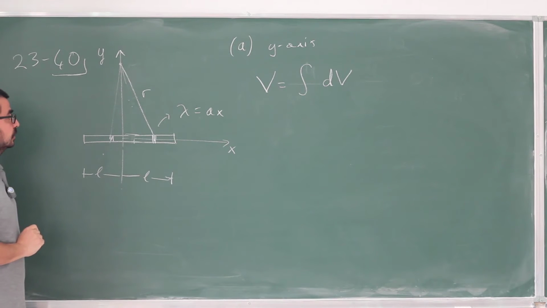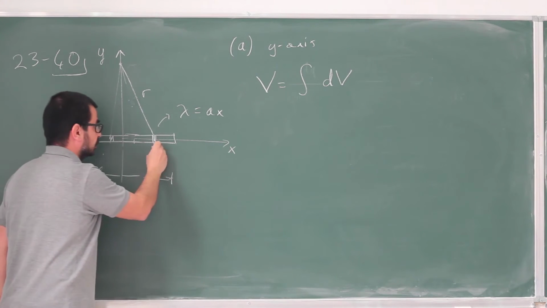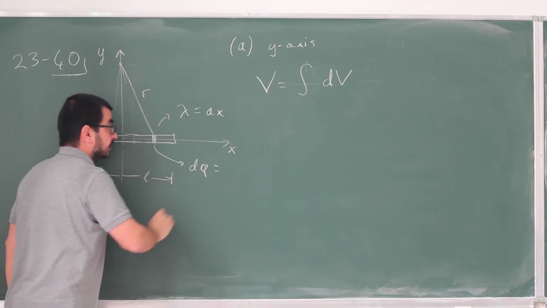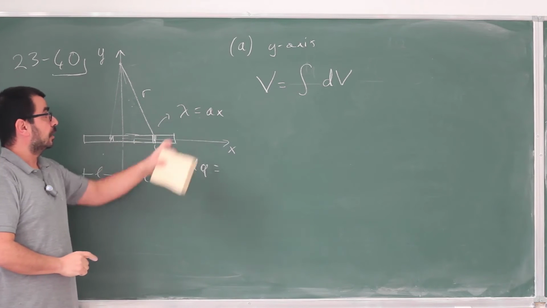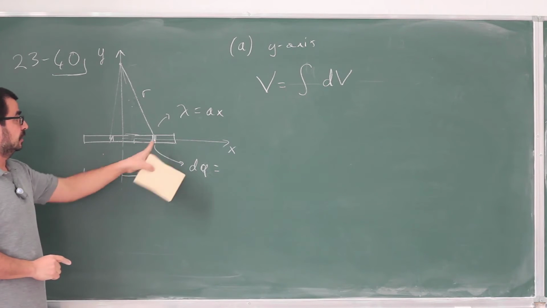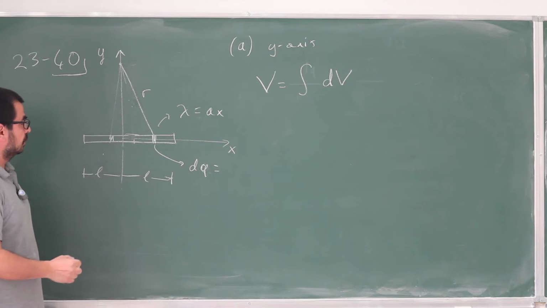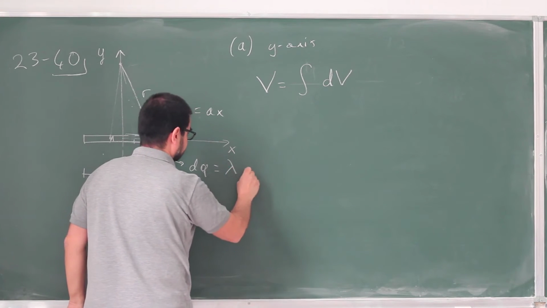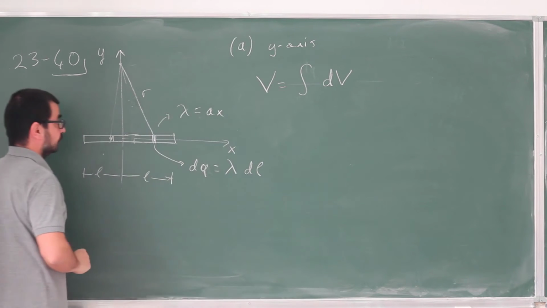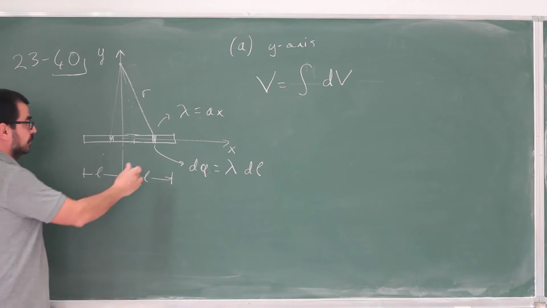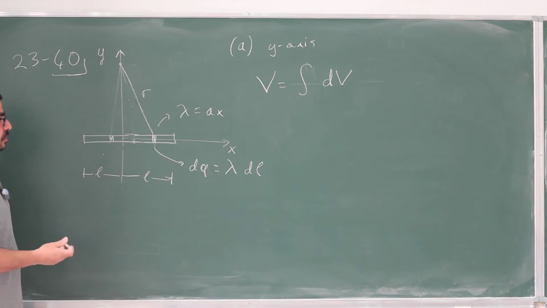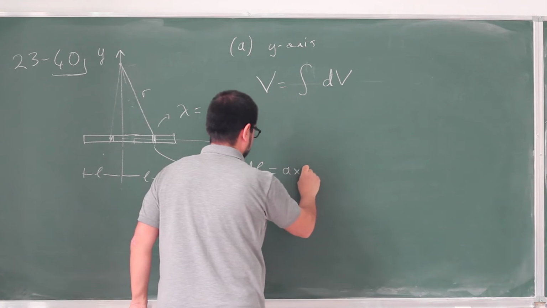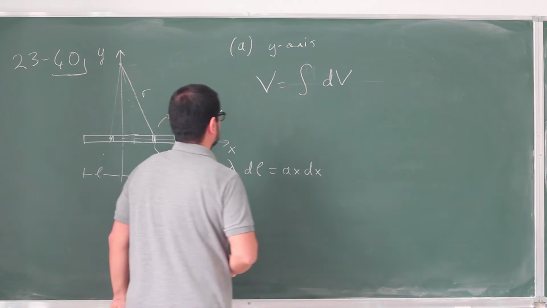Each of these little points is going to have some charge dq, and that dq is going to be just our line density times the incremental size of these pieces. So it's going to be lambda times dl, and it's very convenient to choose this dl to be along our x-axis, so it's going to be dx. So this is going to be A x times dx.